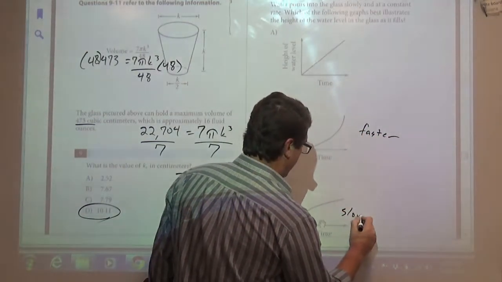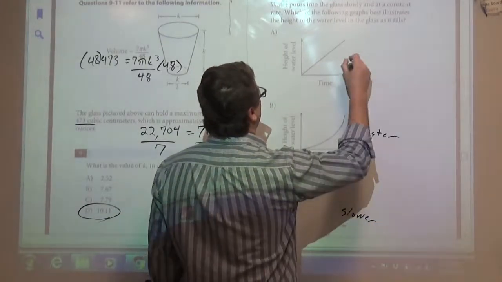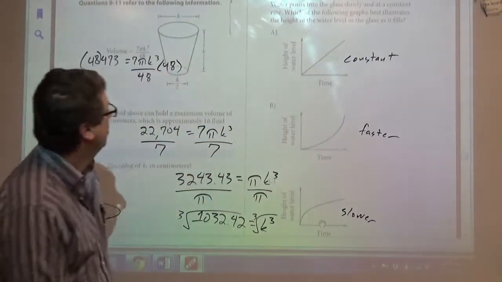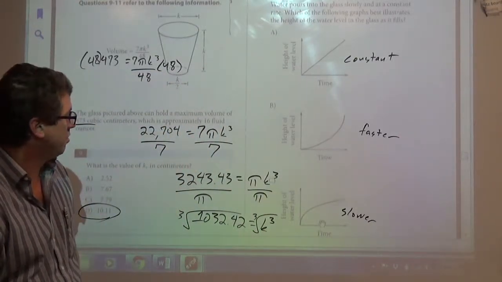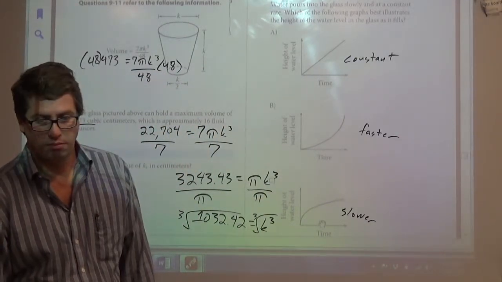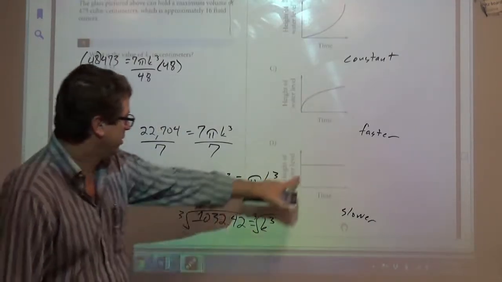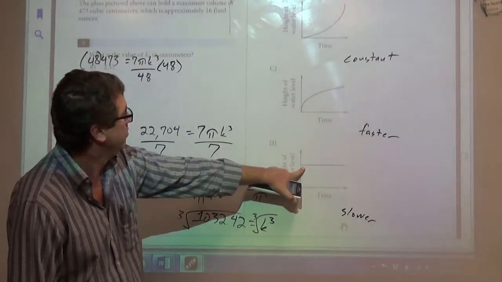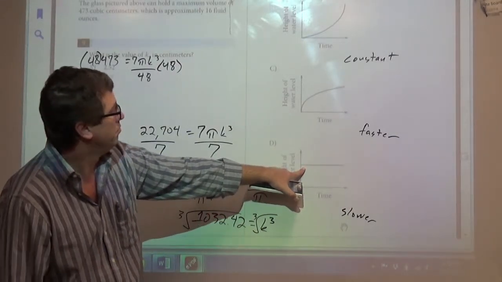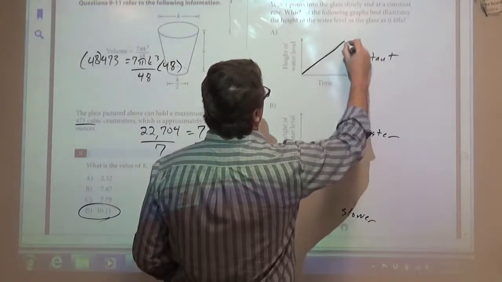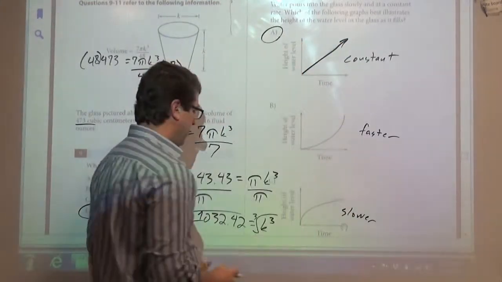This one is getting slower over time. This one is actually constant. And if our scroller would show us option D, this one's just staying the same. Let's go back up to A real quick. So this one is constant and it's increasing. So our answer is going to be A.